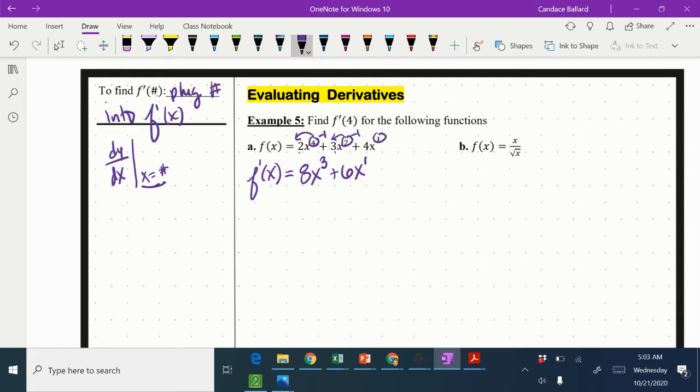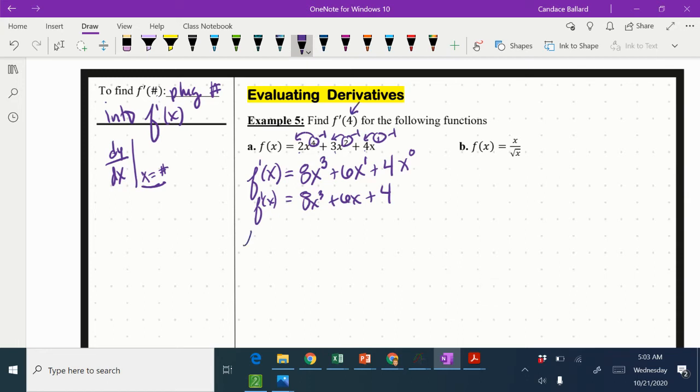I bring the invisible exponent 1 to the front, so 4 times 1 is 4, and subtracting 1 off the exponent, I get x to the 0. So I can rewrite this as 8x cubed plus 6x plus 4, because we know anything to the 0 power is in fact 1.